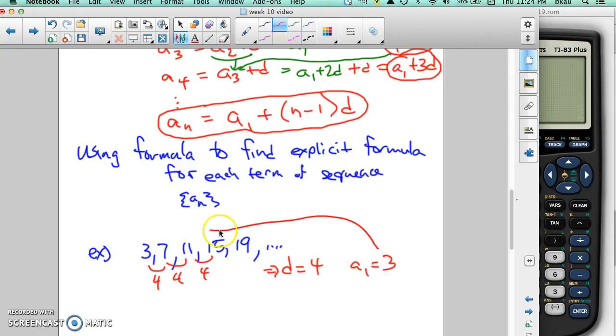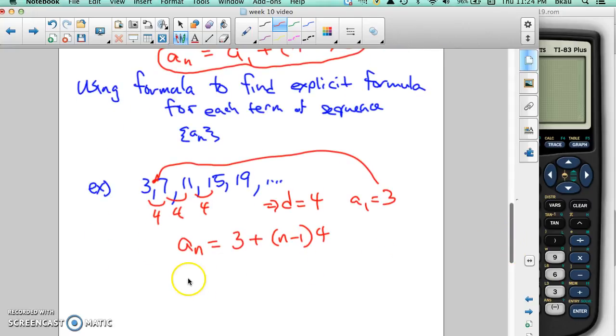It's the first term in the sequence. So now we have a formula for this. So we can write A sub n equals A sub 1, which is 3, plus n minus 1 times the common difference, 4. So we can do some algebra to this and multiply this out. So we have 4n minus 4, and then we combine these together.